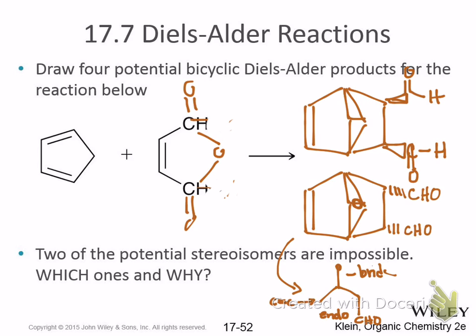The other one actually looks like this. And this is exo. It's exo because that group is away from the larger side of the ring. And we talked about in the handout in lab, this looks like a U, and this looks like a Z.